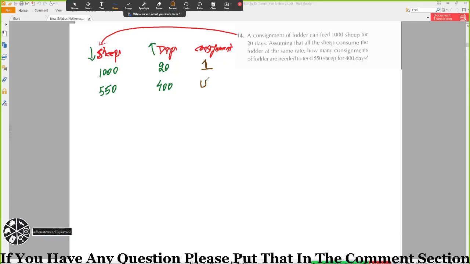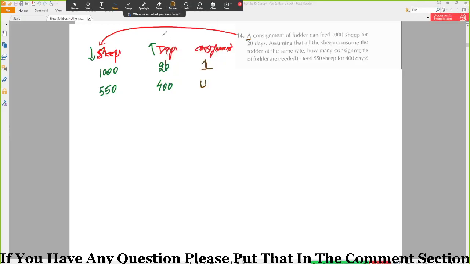Okay, so actually this is a, so a means we have one. One consignment of fodder can feed 1000 sheep for 20 days. So we need to find the number of consignments of fodder that are needed to feed 550 sheep for 400 days.